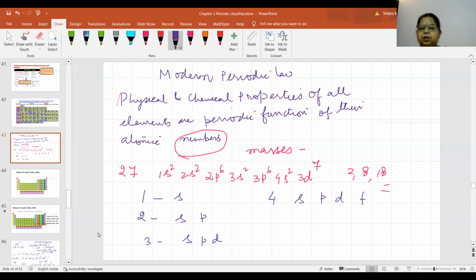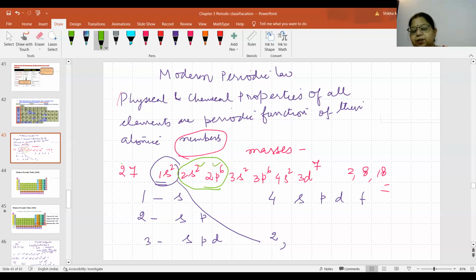And quantum numbers similarly must be very clear to all of you.